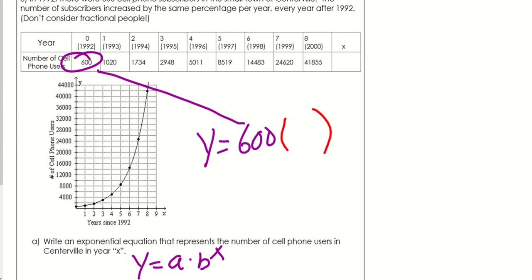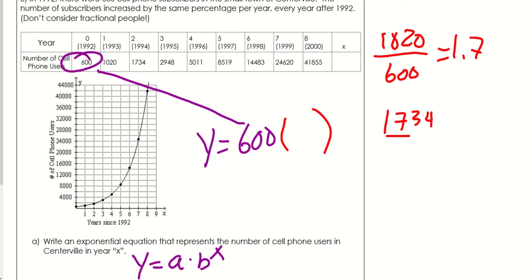I need a constant multiplier. So in order to do that, I take the second number divided by the prior number. When I put that in a calculator, I get 1.7. And I'm going to double check and make sure it's constant.